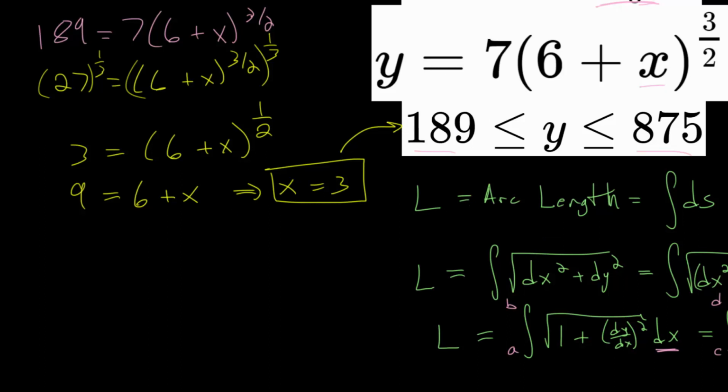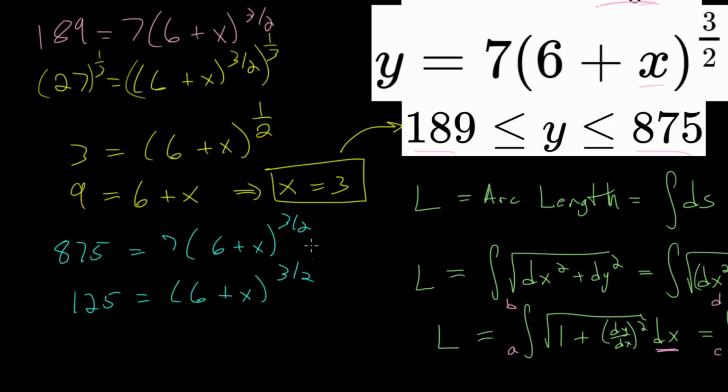And for the upper y value, we will apply the same process. We'll plug in 875 to this curve where we see y. And we can start by dividing everything by 7 so that we get 125 is (6 plus x) to the 3/2. We will again raise everything to the 1/3 power, so we're taking a cubed root of everything. And on the left, we just get 5.